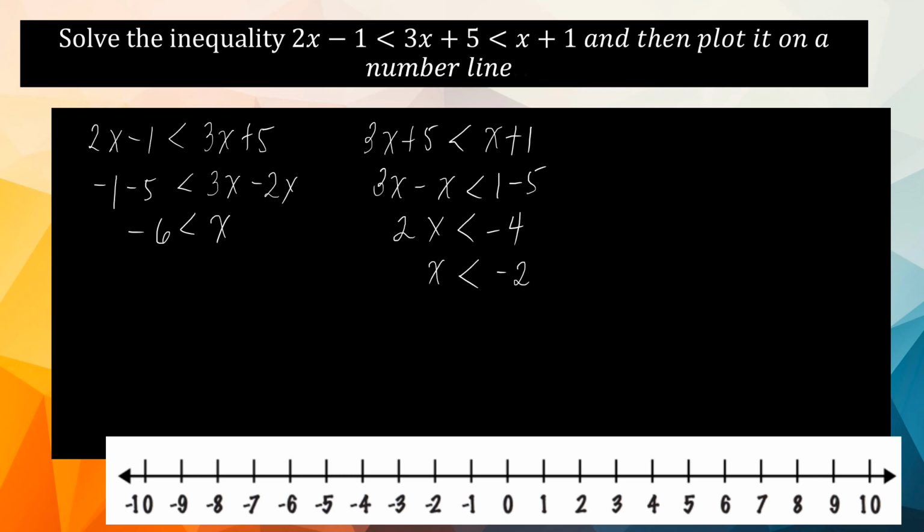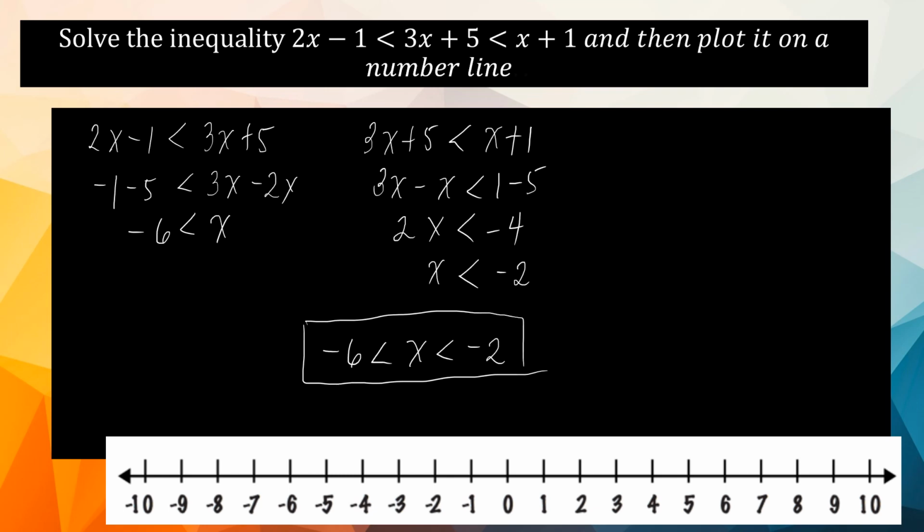Remember, since we did separate them, you need to put it back together. So we will have negative 6 here, then an x, and then negative 2. Don't forget to do that. Then let's plot this one on the number line.